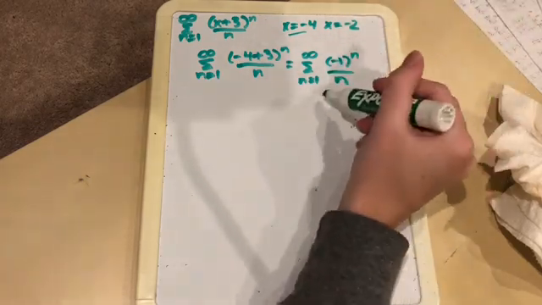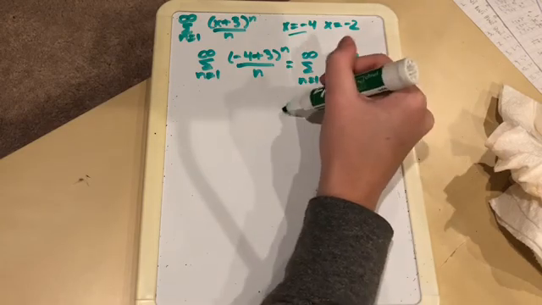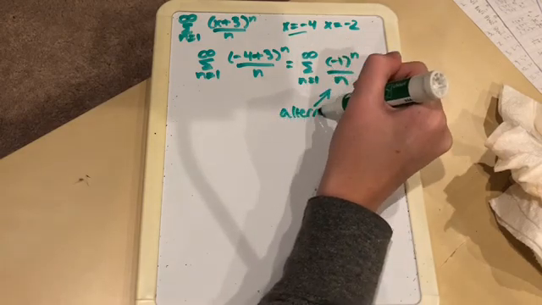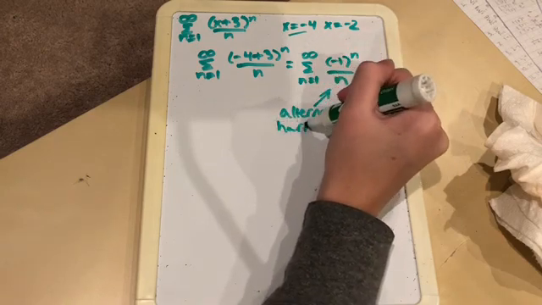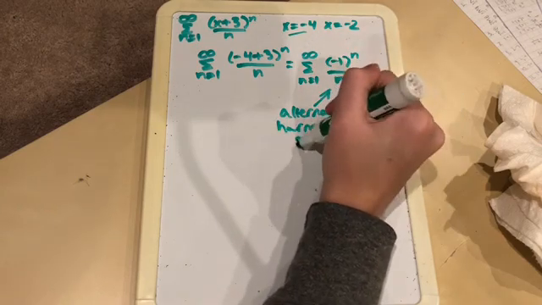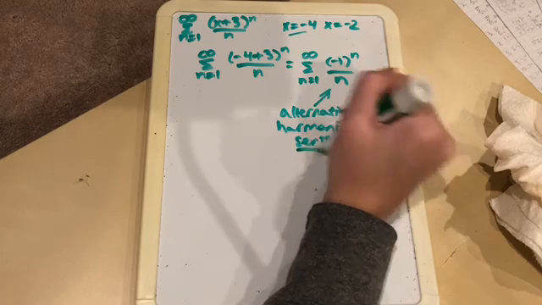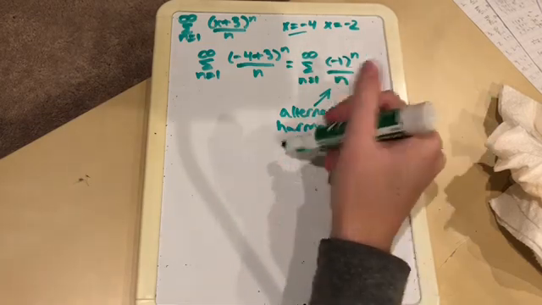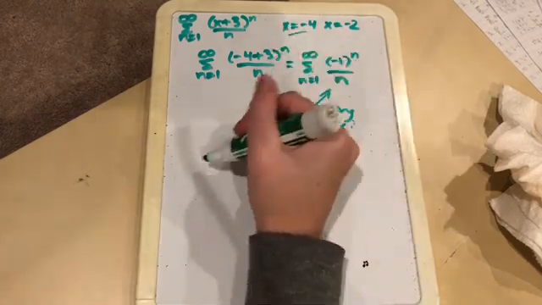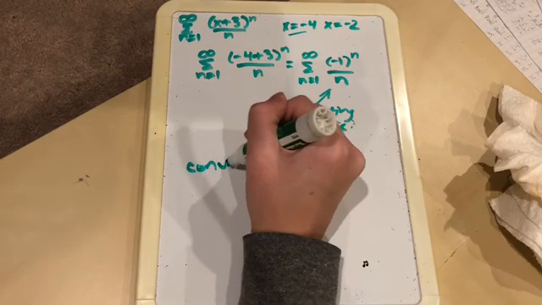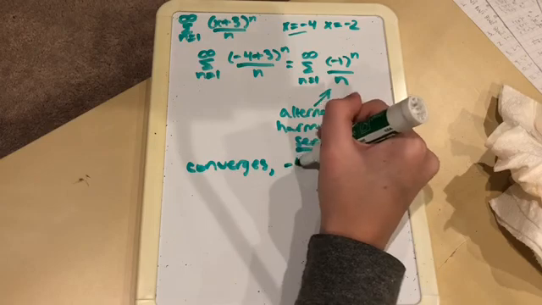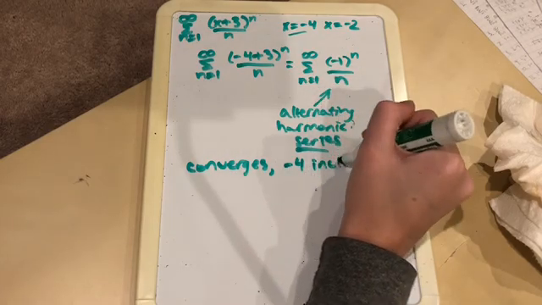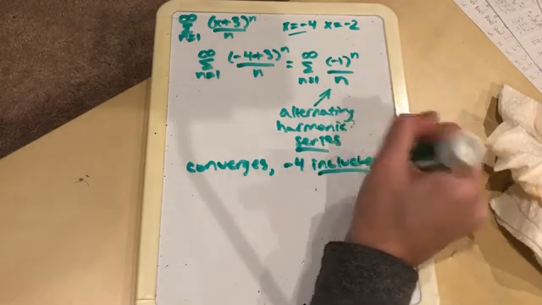So this we know as the alternating harmonic series, which is a converging series. So therefore, the series converges and negative 4 is included in the interval.